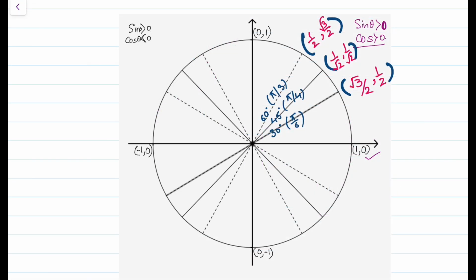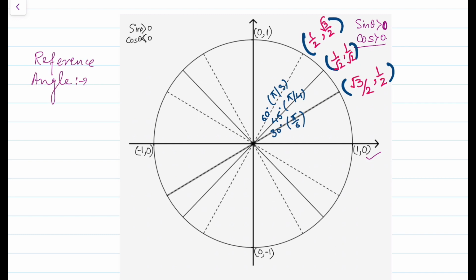Now let's find the coordinates for the second quadrant, and in the second quadrant we are going to use a new term which is called reference angle. So what is a reference angle? A reference angle is an acute angle, which is where the terminal side is made with the x-axis.